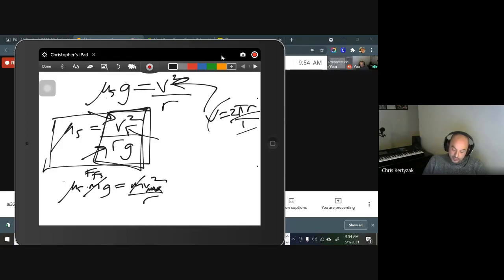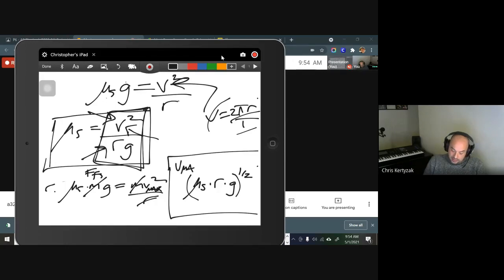If I multiply both sides by R, I get mu s times R times g. Then V max squared equals mu s R g, and then I'd have to square root it, or take it to the 1/2. So this would be the maximum speed going around the rotary.